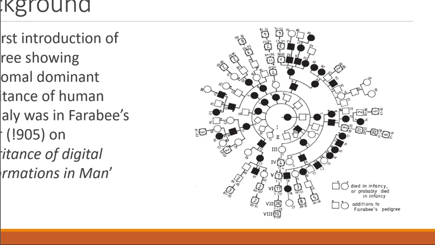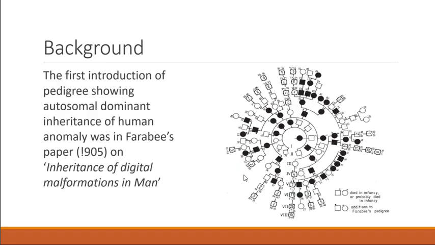We have traced the pedigree back 8 generations. In the second generation, you will see there are 11 people, and based on seniority or order of birth, they are all labeled in increasing order.